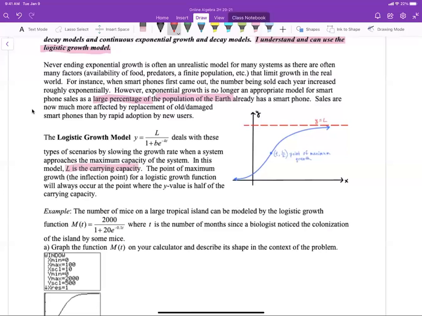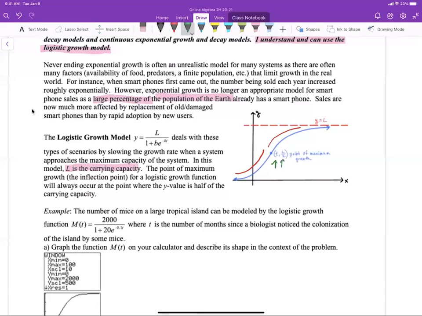So the inflection point is a point at which the growth function starts to slow down. Until I meet the inflection point, my growth is speeding up. Then once I hit my inflection point, my growth starts to slow down. And that inflection point is essentially half the value of the carrying capacity, half the value of L. So you can notice on this graph that at some time t, my y value will be half of the carrying capacity, half of the L value.